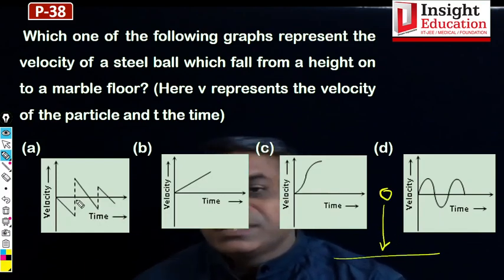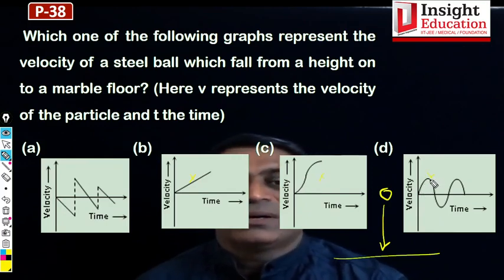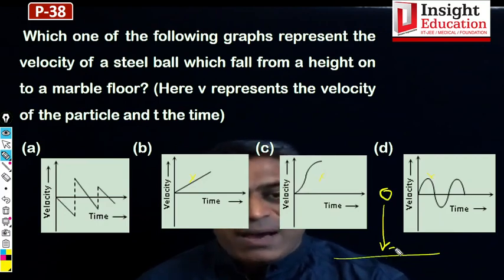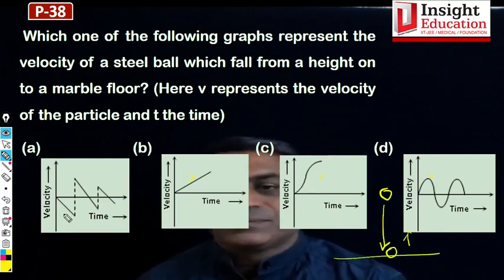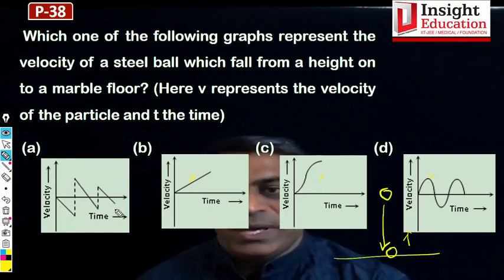Here velocity decreases, here velocity increases, not possible. Here also velocity is increasing, not possible. Here you can see velocity decreases. Now after striking, the ball will move in the upward direction, so again you can see the speed, velocity decreases.